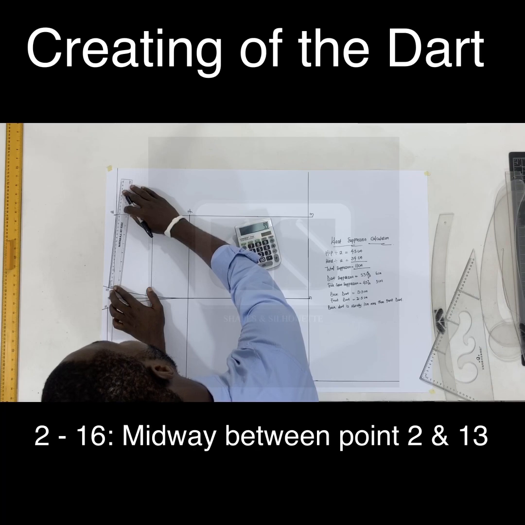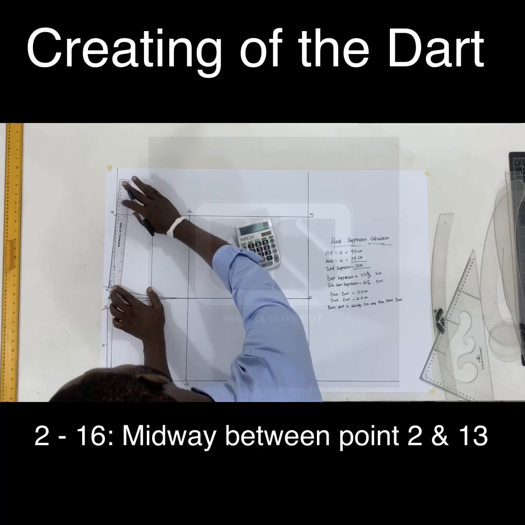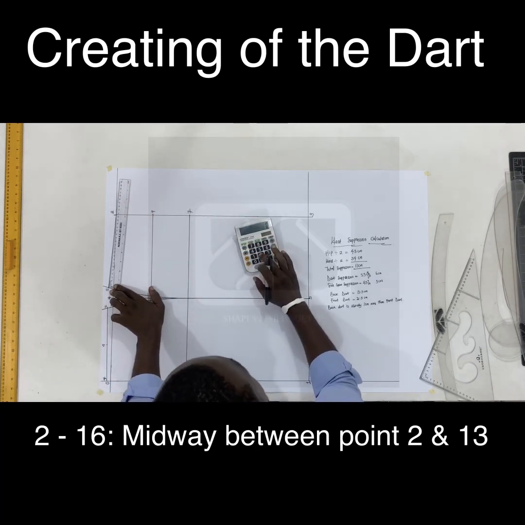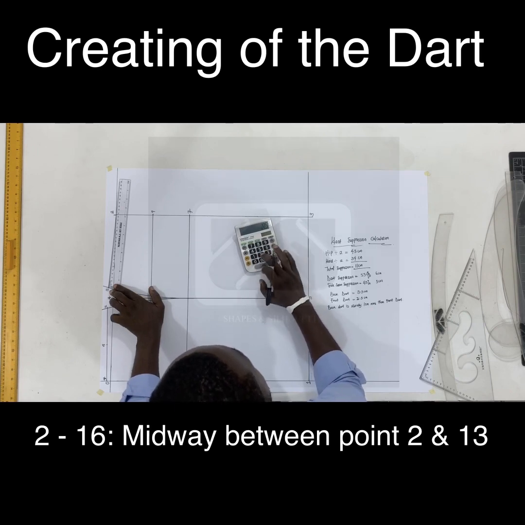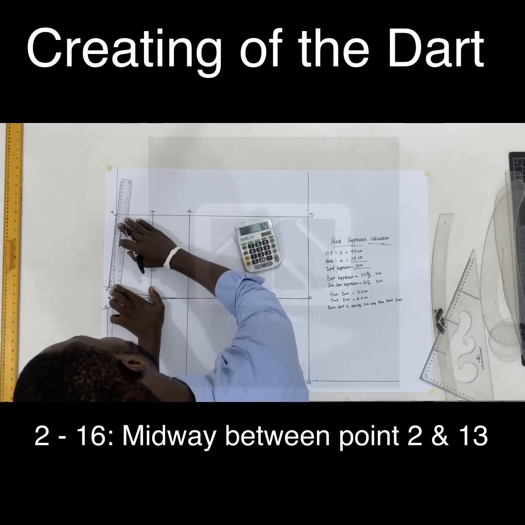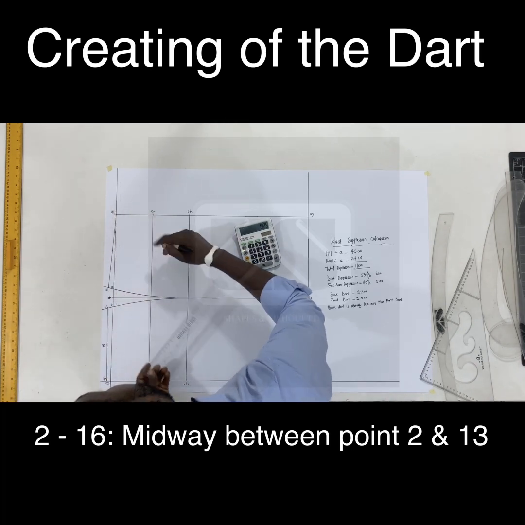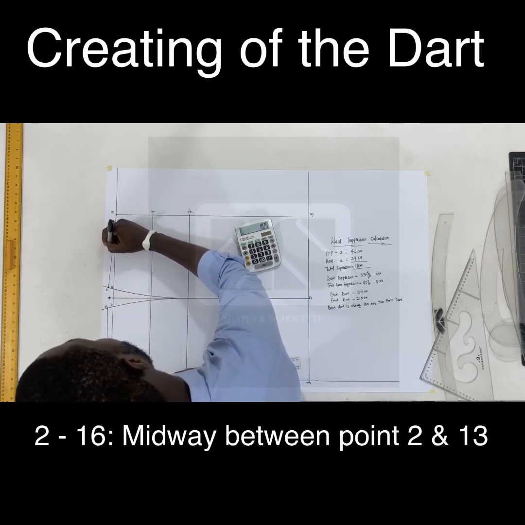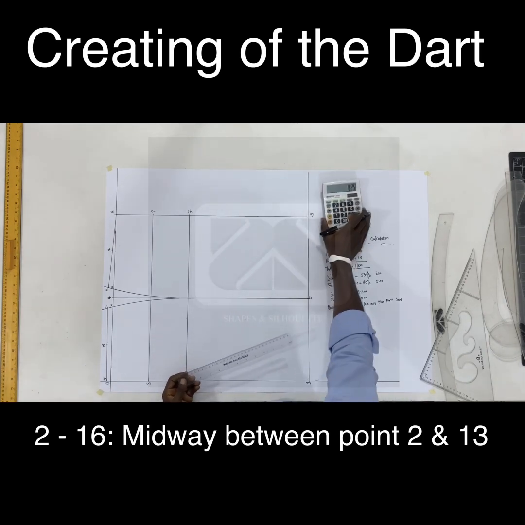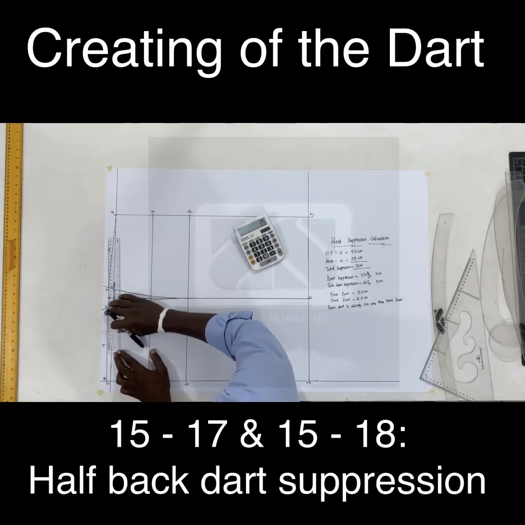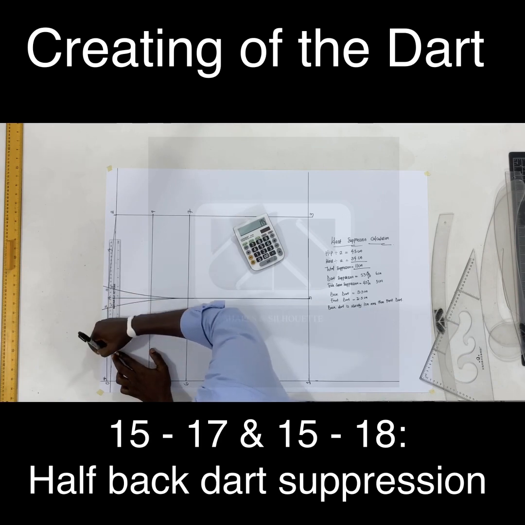That midway also is labeled as point 16. Now for the back dart, point 15 to 17 and point 15 to 18, you share the back dart suppression on both sides.